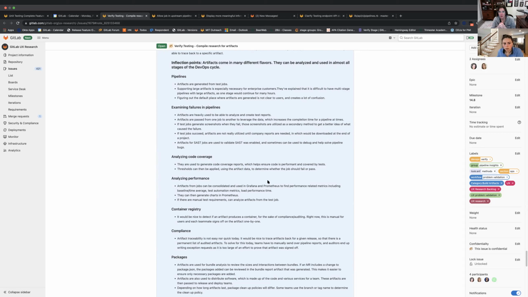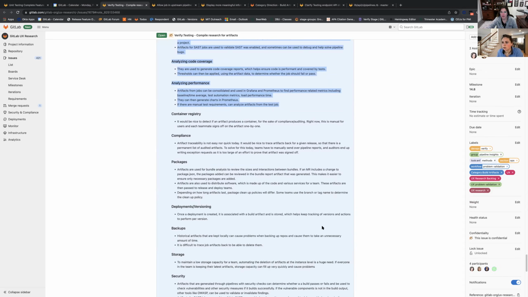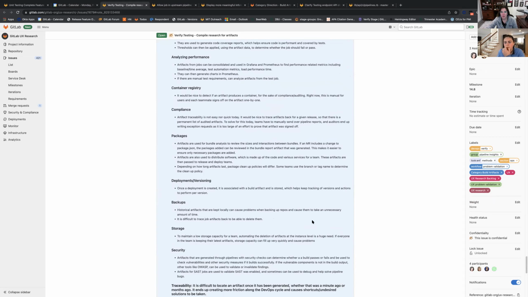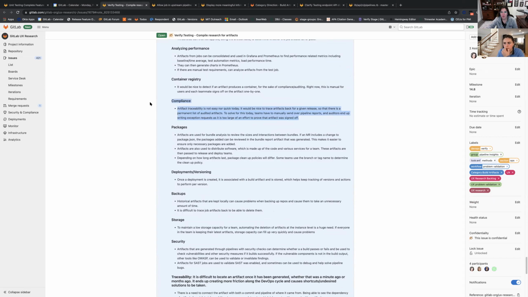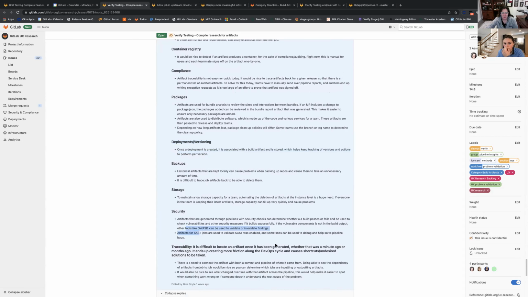The debugging portion is that workflow of examining failures in pipelines, analyzing coverage, all of these when it comes to debugging. How do we think about what's happening in our pipelines and our tests related to artifacts? And then compliance, deployments, and security, as well as traceability, are going to be with auditing and event logs.